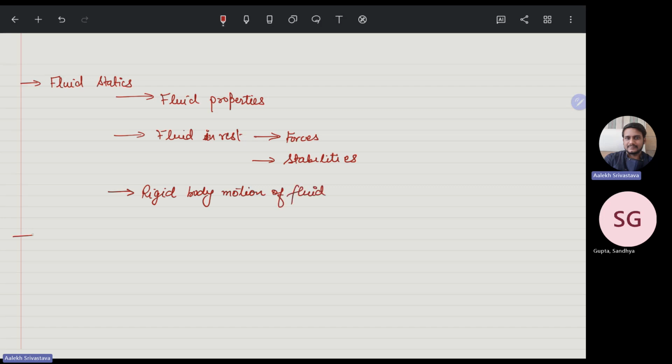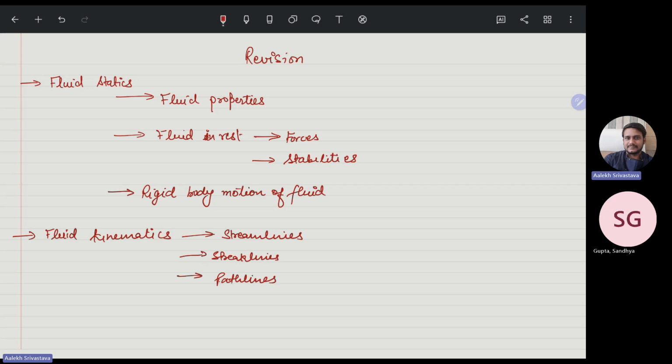And then after that we studied about fluid kinematics, and in fluid kinematics we had studied about streamlines, streak lines, then path lines, and some acceleration.